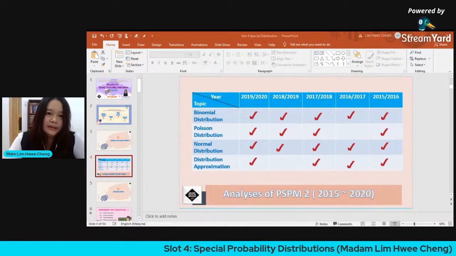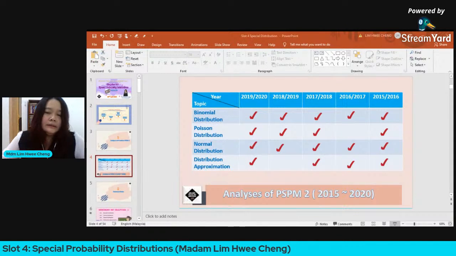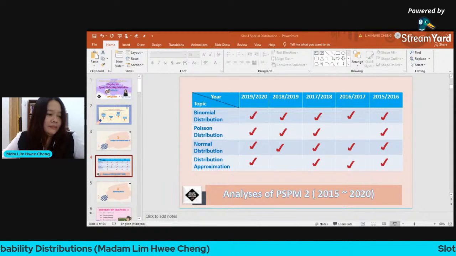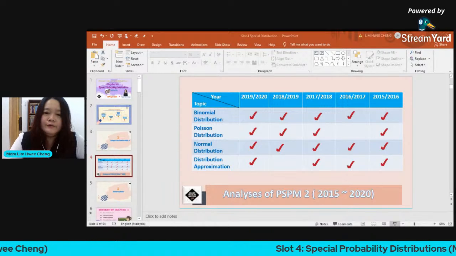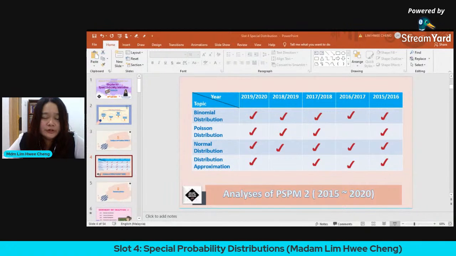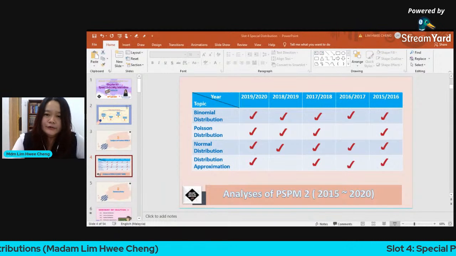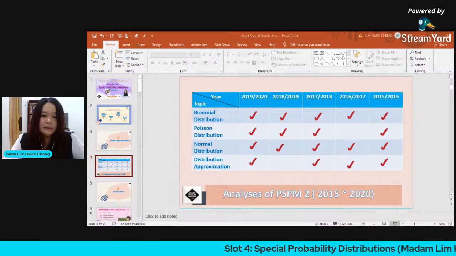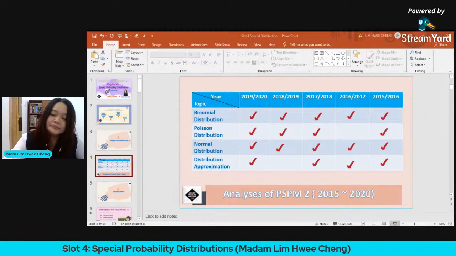Let us recall the important things in Chapter 10, Special Probability Distributions. If you still remember, we have 2 kinds of special distributions. One is categorized as discrete, and the other is continuous. For discrete, we have learned the binomial distribution and the Poisson distribution.